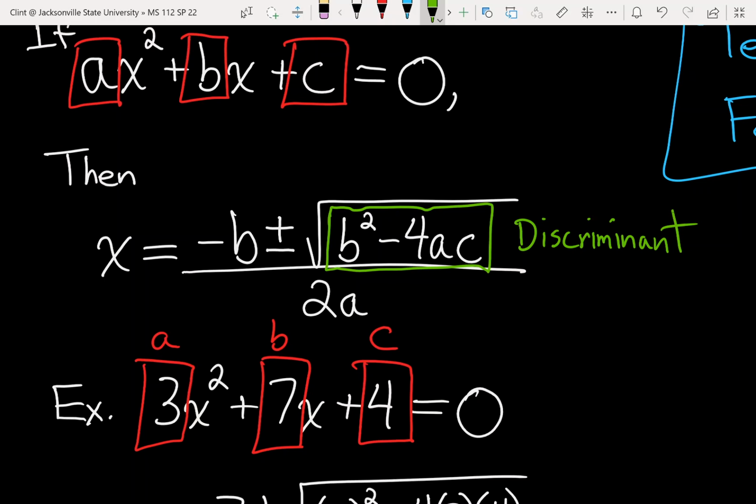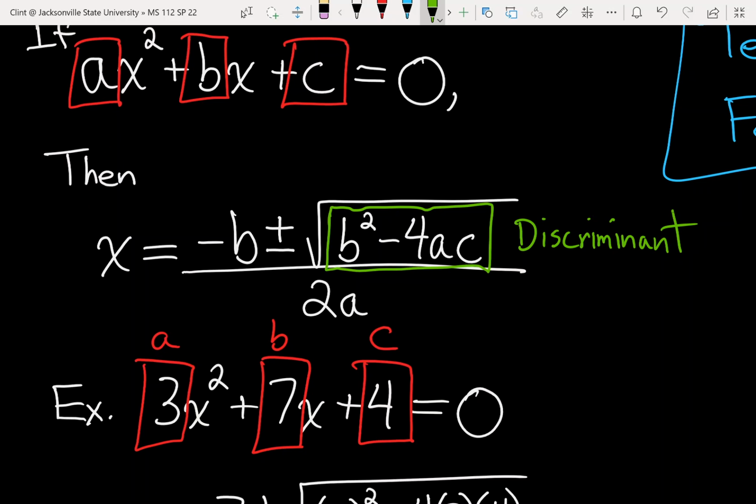That b squared minus 4ac part of the quadratic formula is called the discriminant. And that's the part that determines what type of solutions we're going to have.